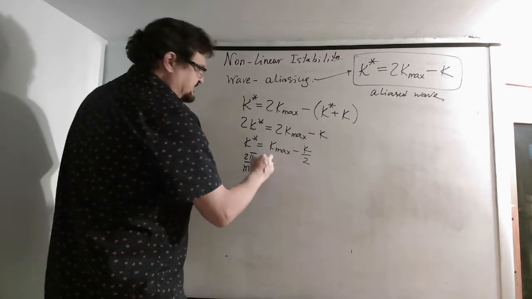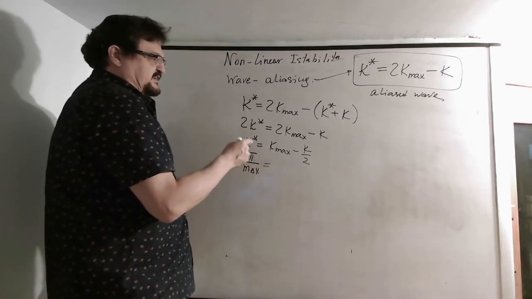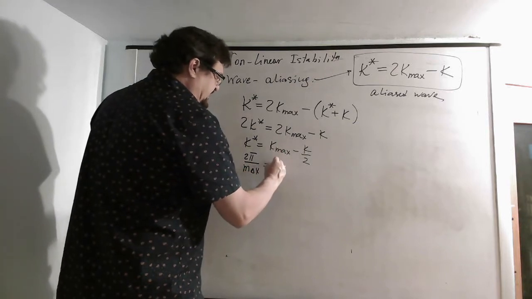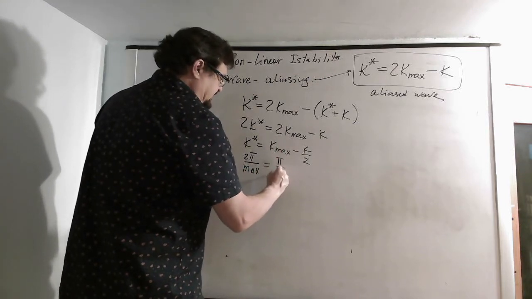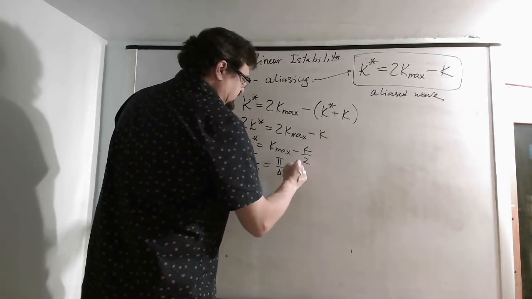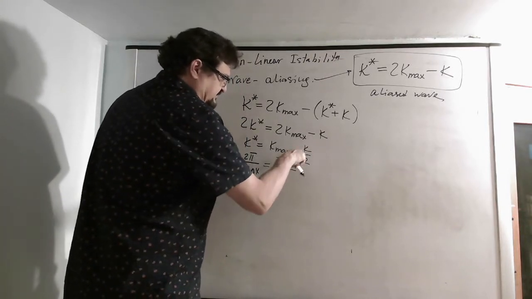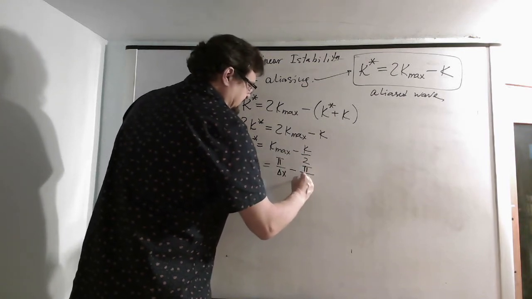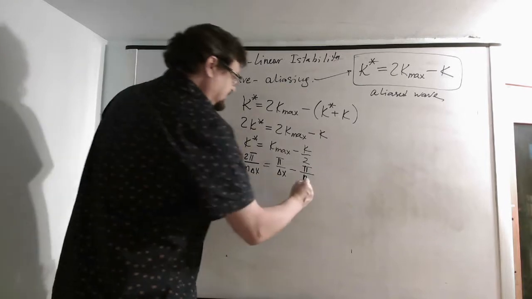And k max is the maximum wave number represented on the grid. Remember, 2 delta x waves, so it is pi divided by delta x. And k is 2 pi divided by n delta x.